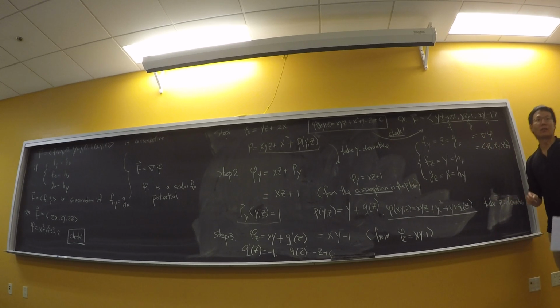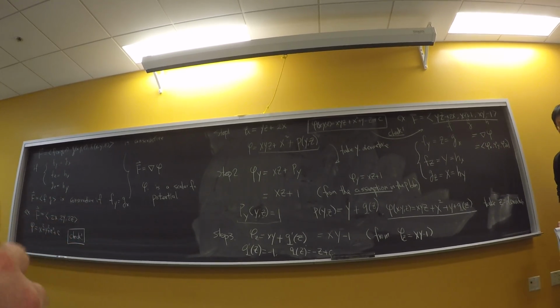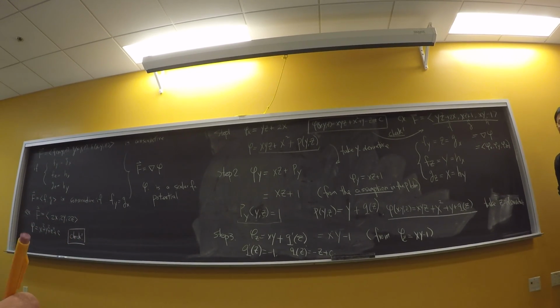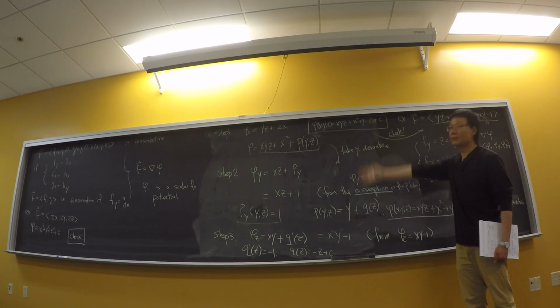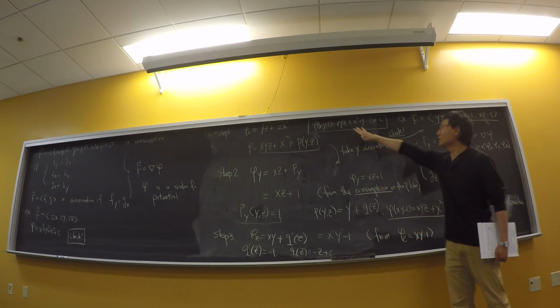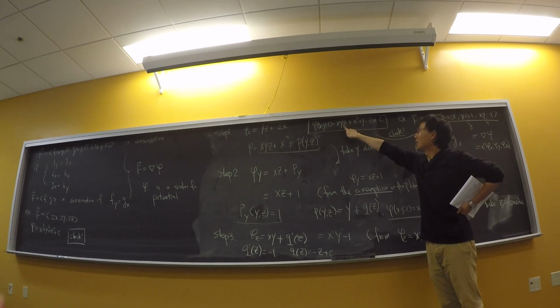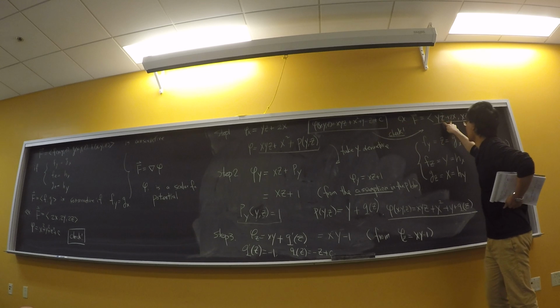Checking whether the potential function is the real potential function is considerably easier compared to what you have done in the 3 steps. Because now I'm simply taking 3 derivatives. X derivative is yz plus 2x. So this one is checked out.